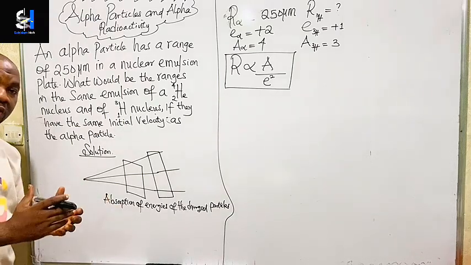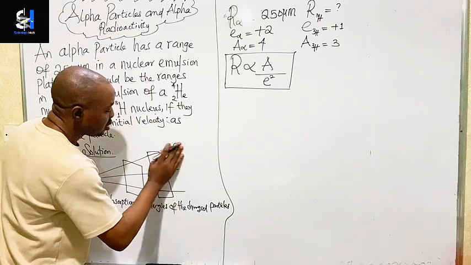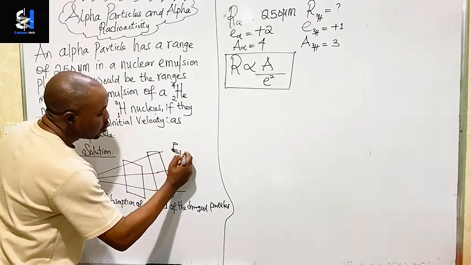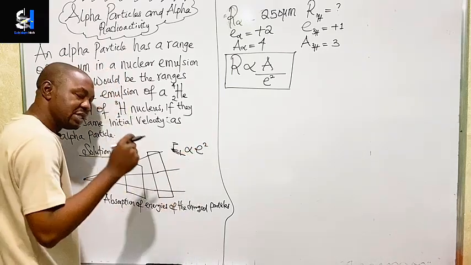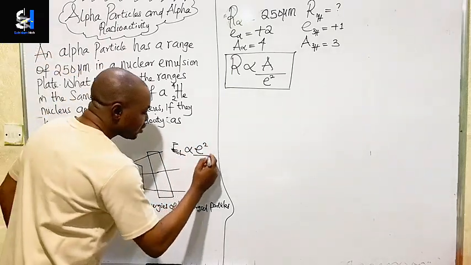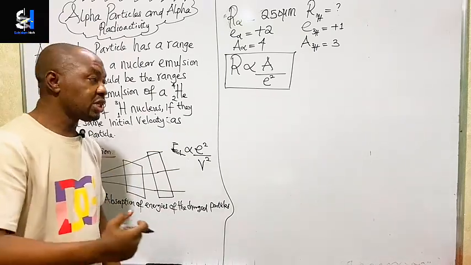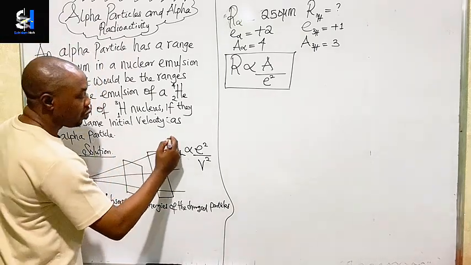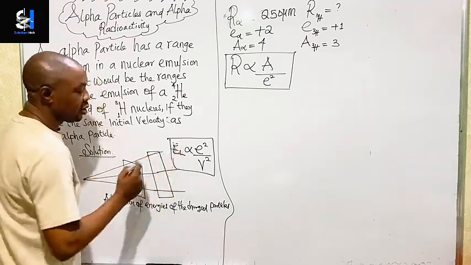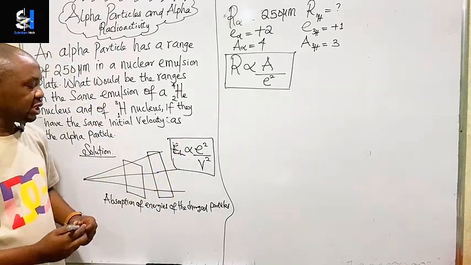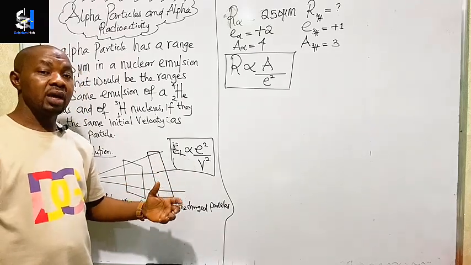This energy loss is proportional to the charge on the charged particle with respect to the square of the velocity of the moving charged particle. That is in the case of energy loss, and this will also help when it comes to how to calculate energy loss.